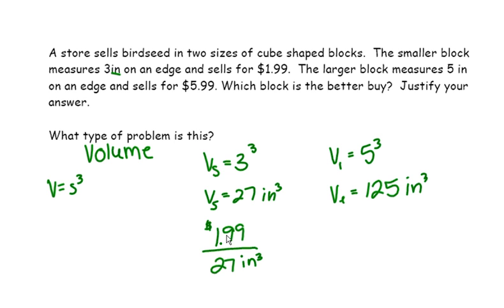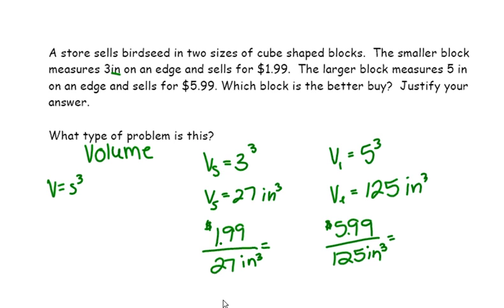And that gives you the cost per cubic inch. Same thing over here, we would take the $5.99 and we would divide it by the units. And whichever one of these comes to the smaller number is the cheapest price per cubic inch.